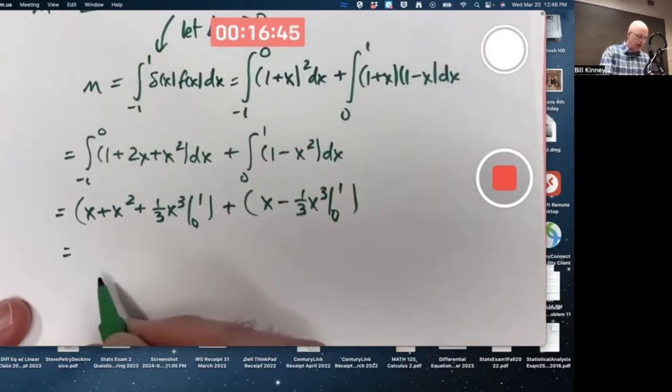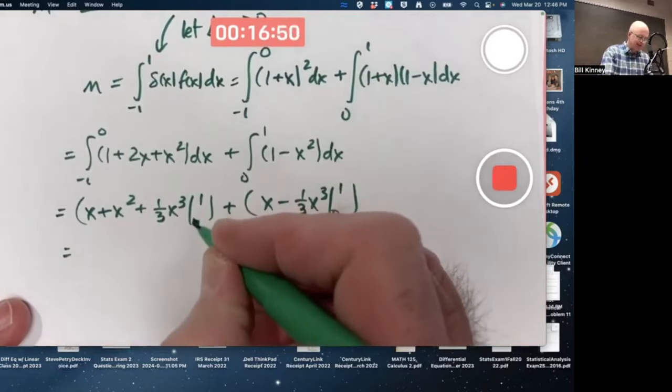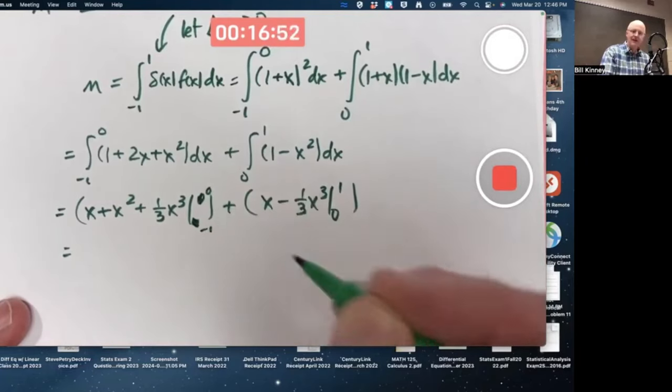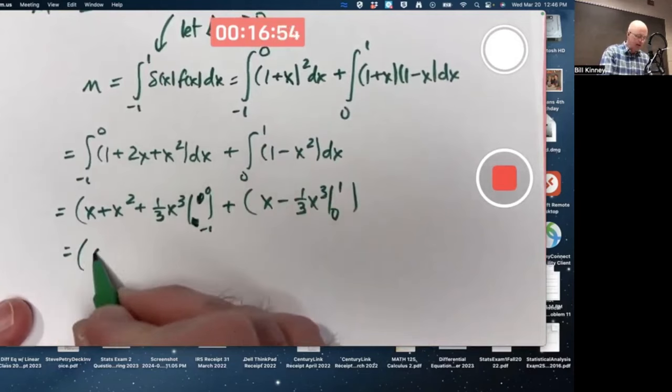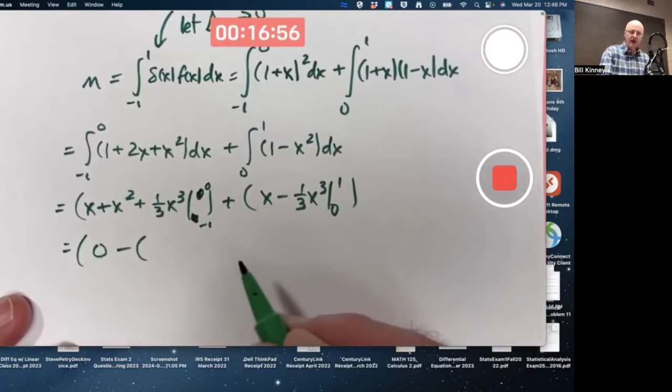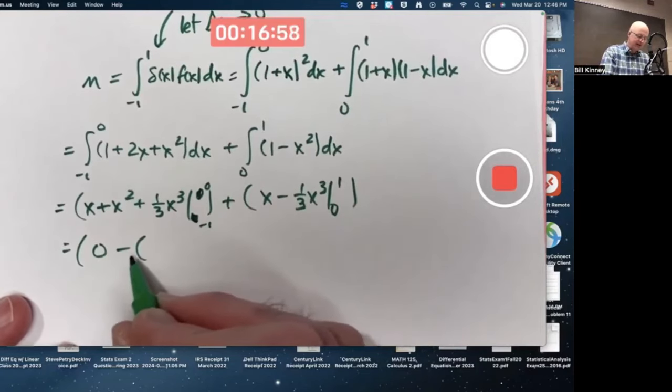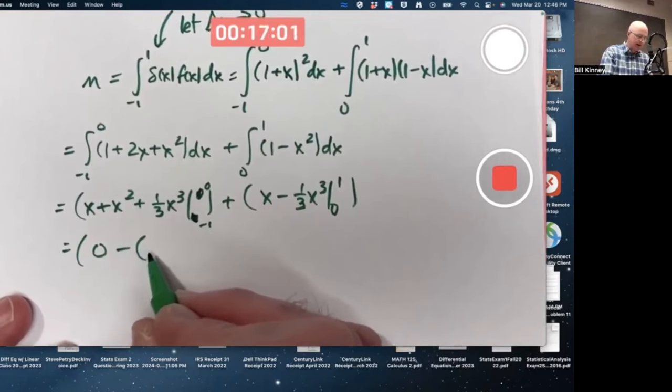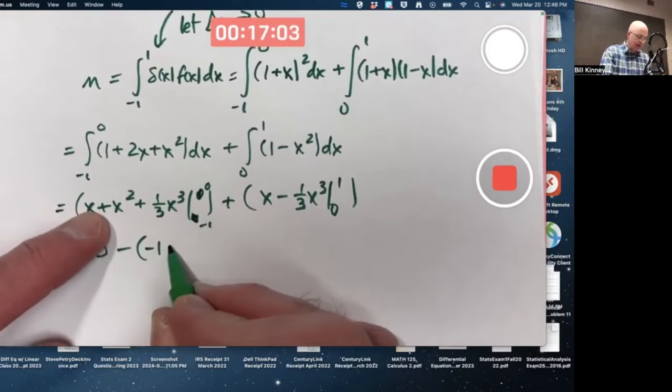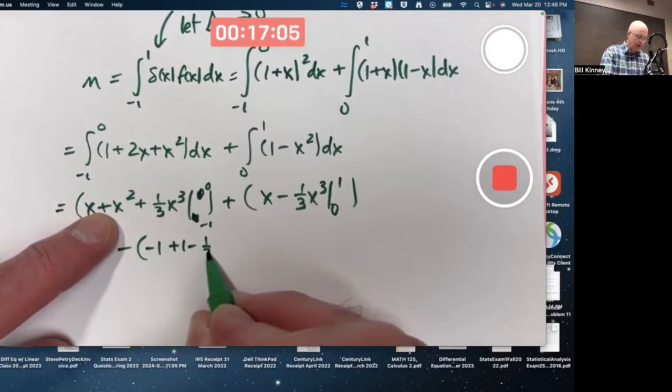When we plug in 1 up here, oops, I made a mistake. -1 to 0, sorry. When we plug in 0, we get 0. When we plug in -1, use parentheses, we get to subtract what we get when we plug in -1. I get -1 + 1 - 1/3.